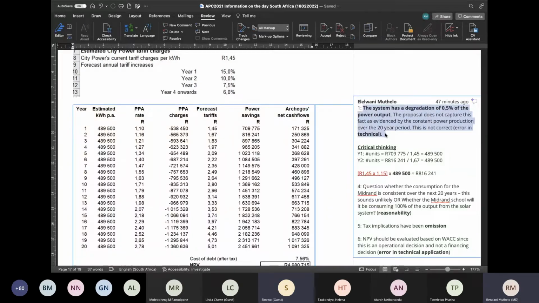In some cases, I do go back and change the wording, because I don't think examiners will be able to pick up what I was trying to say. Like, I said the tax implications have been, sorry, now I realize I actually made a mistake, have been omitted. I could say that, but will this be clear?